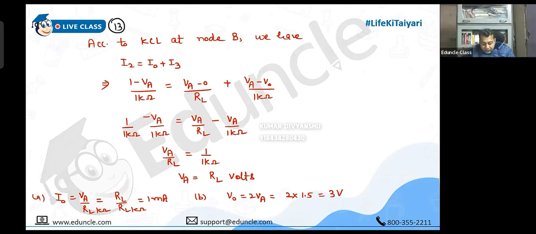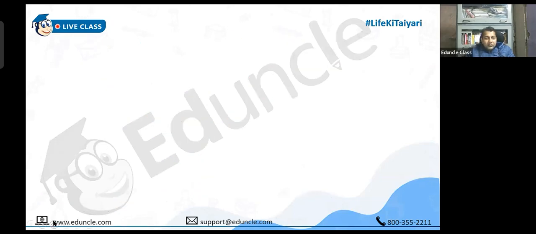So we have discussed, I think, all of the op-amp problems. I'm unable to find any other problem based on op-amp from IIT JAM especially. Let me see. Yes, one problem was left.